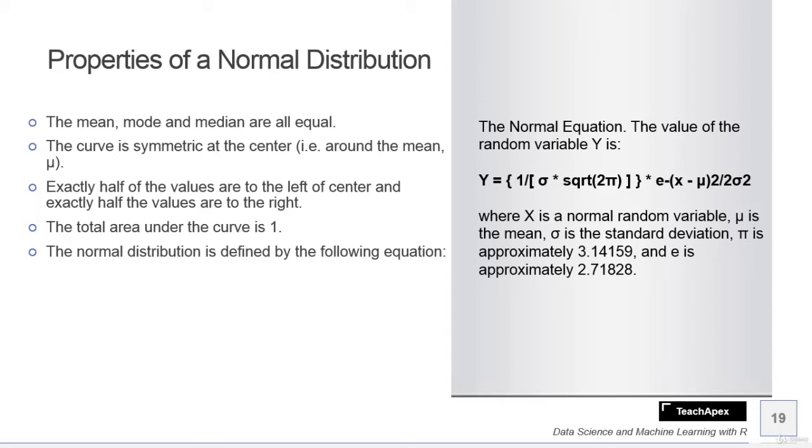The total area under the curve is 1, and the normal distribution is defined by this equation. You can see how it is defined. This equation helps you understand how the normal distribution works, where x is a normal random variable, mu is the mean, sigma is the standard deviation, pi is approximately 3.14159, and e is approximately 2.71828.